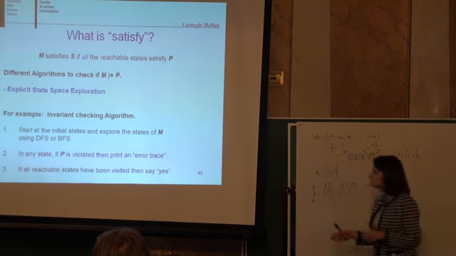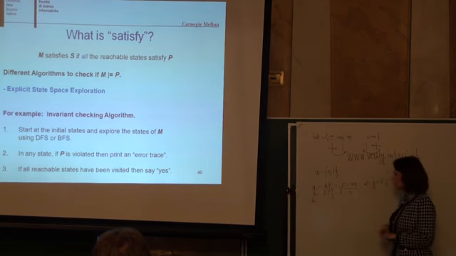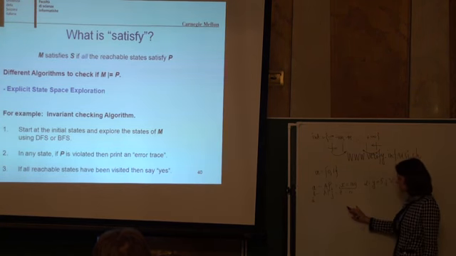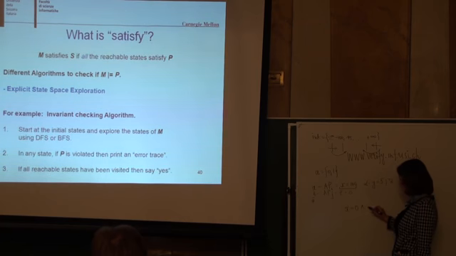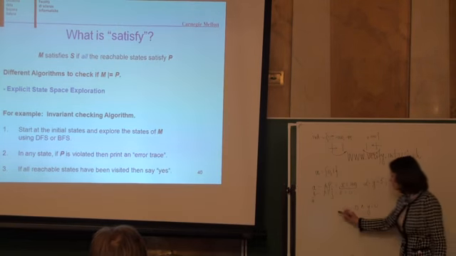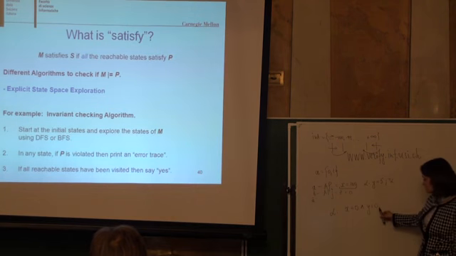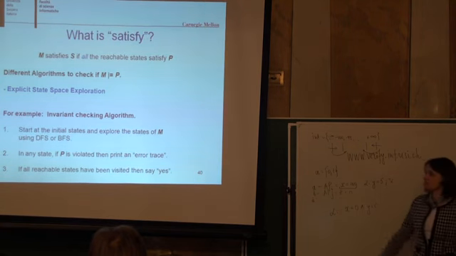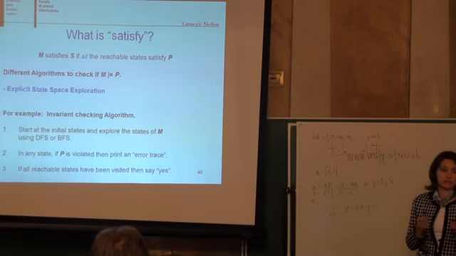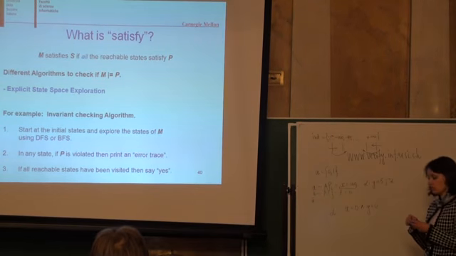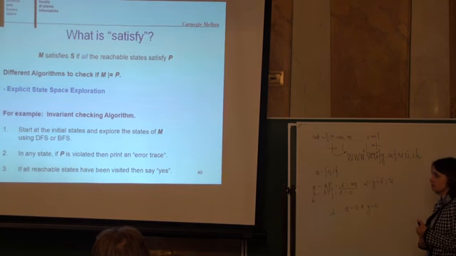If I don't have temporal operators and my property is written in terms of atomic propositions, for example, I want to know if x is equal to 0 and y is equal to 0, a very simple property alpha, then I would be able to do it by simply running a depth first search or breadth first search, right? By exploring the graph of my system.